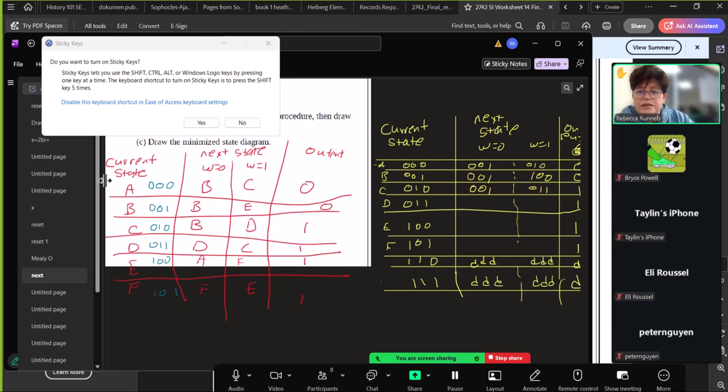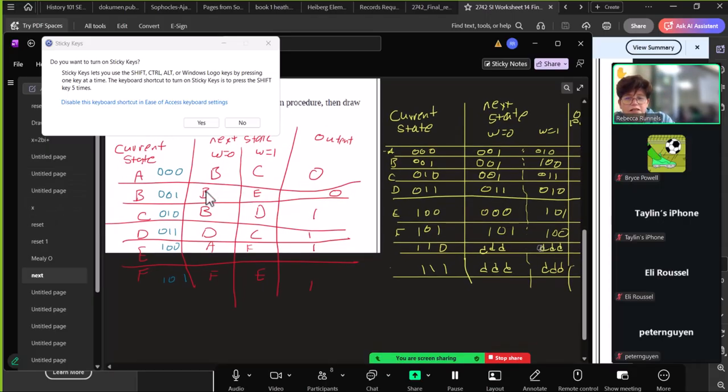And D goes to D, which is 0, 1, 1, and C, which was 0, 1, 0, and E goes to A, which was 0, 0, 0, and F, which was 1, 0, 1, and F goes to F, which is 1, 0, 1, and E, which is 1, 0, 0. Okay, so that's the state assigned table.